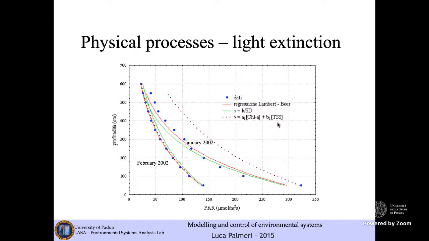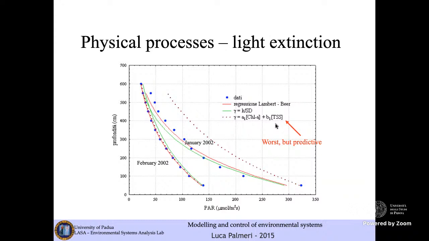Of course, this last way of modeling the effect of light extinction gives worse results because it includes a lot of complication and variation to the system, but it has the advantage of being predictive.